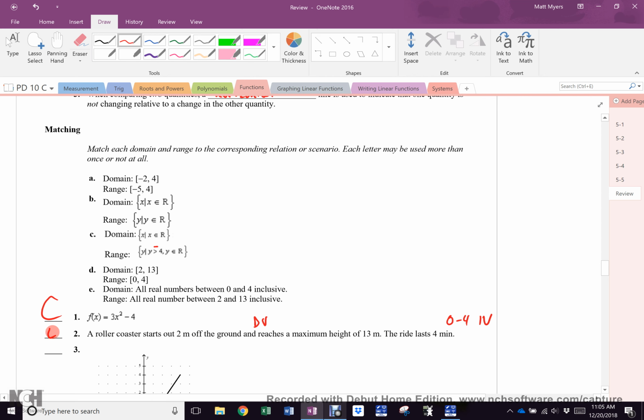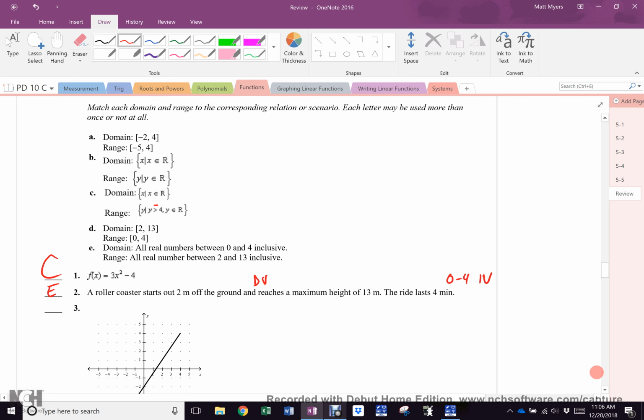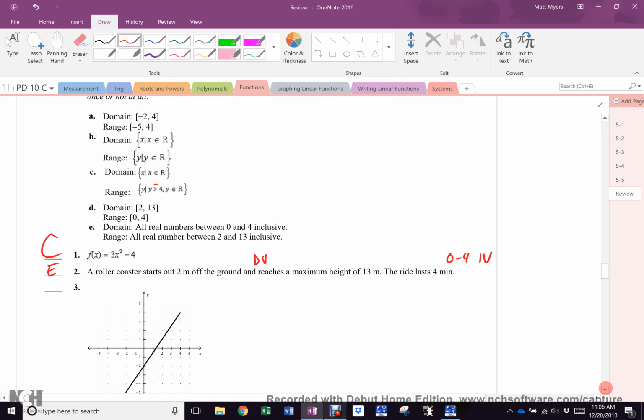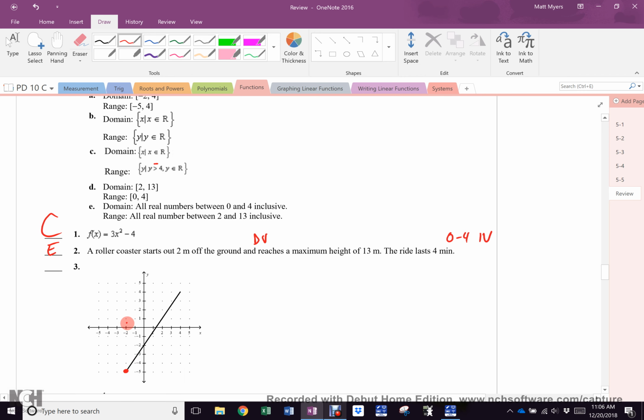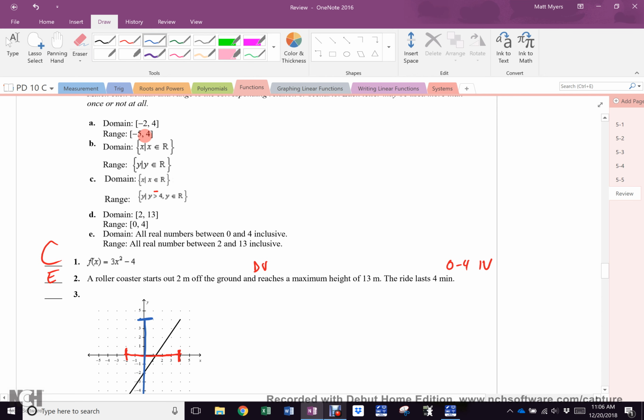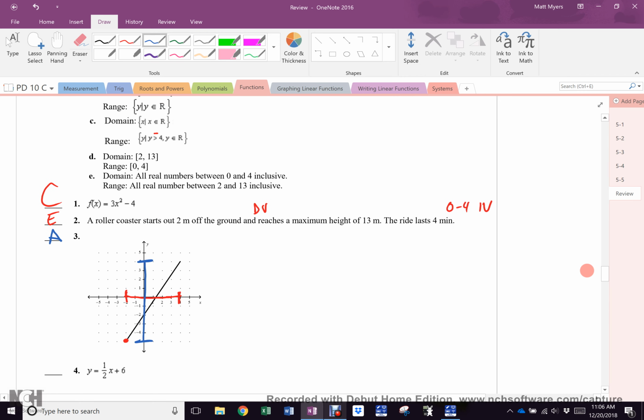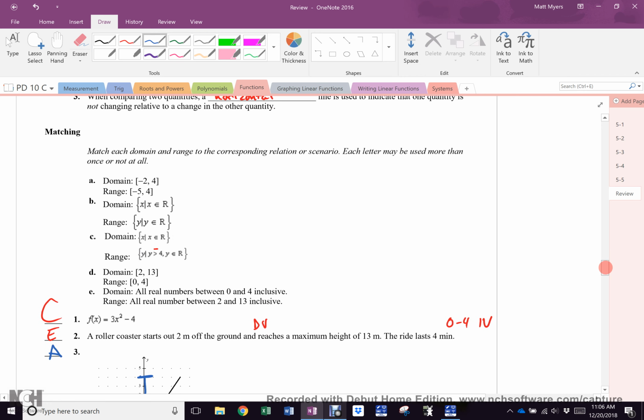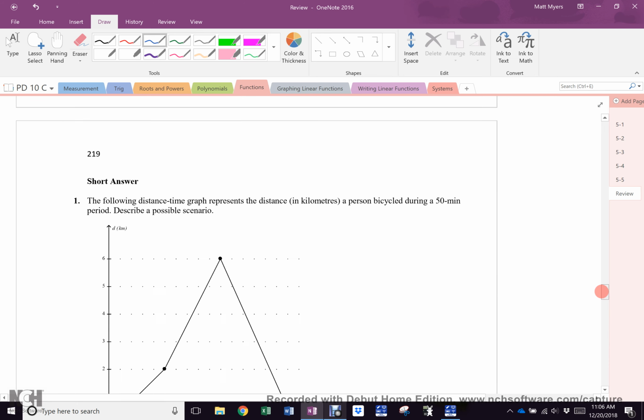So that is E. This one goes from -2 up to 4, and -5 up to 4. -2 to 4, -5 to 4, that's A. And this is B, all real numbers, because you can take any number, cut it in half, and add 6.